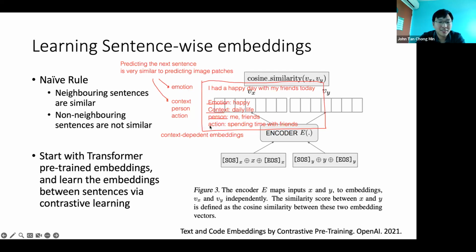Maybe using strict JSON or something, you can predict each of these context categories one by one. And I'm thinking that maybe we can use this to reconstruct the next sentence with such abstraction spaces.